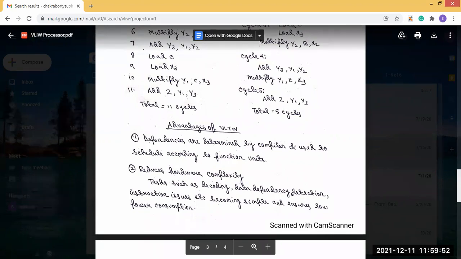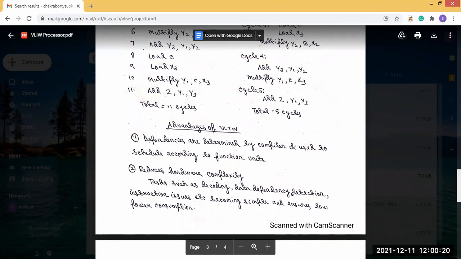This is the advantage. By seeing which operation needs to be performed, the compiler determines which functional units are required and schedules accordingly. That's why the dependencies are determined by the compiler. Another advantage is that it reduces hardware complexity.